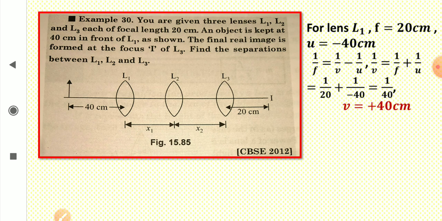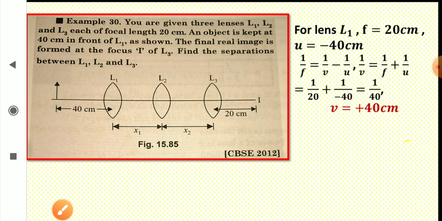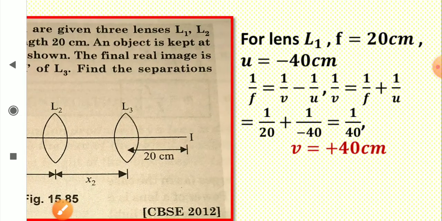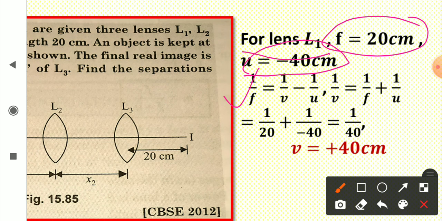First thing first, for lens L1, we know the position of the object and the focal length of the lens. We can find out the position of the image. Using the lens formula for lens L1, focal length is 20 centimeter, object distance is minus 40 centimeter. The lens formula is 1 upon f is equal to 1 upon v minus 1 upon u, so 1 upon v will be equal to 1 upon f plus 1 upon u.